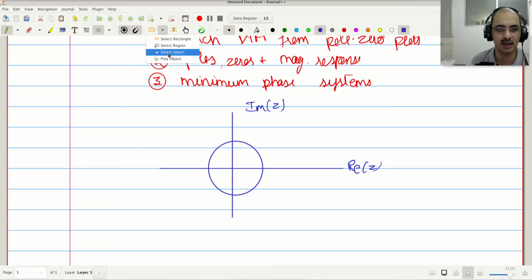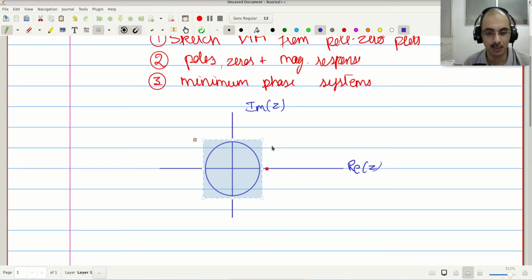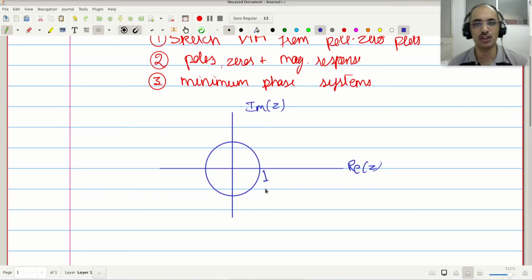Once you have the pole zero plot, you can mark your poles and zeros. Poles are always marked with a cross, and the zeros are marked with a zero. Naturally, the unit circle has to be within the region of convergence if you wish to have the DTFT.